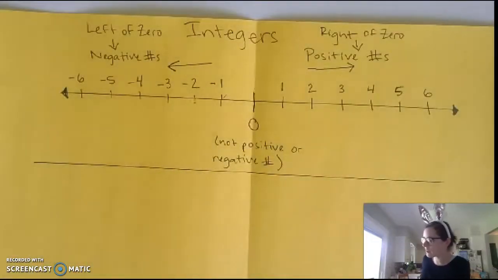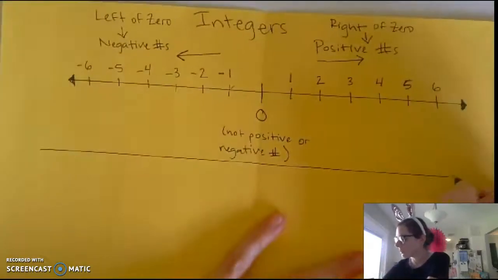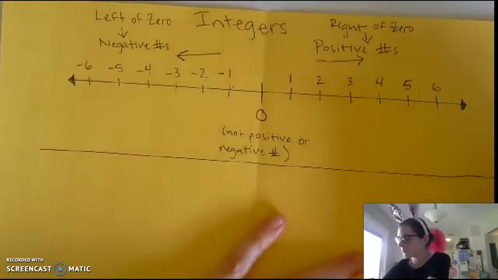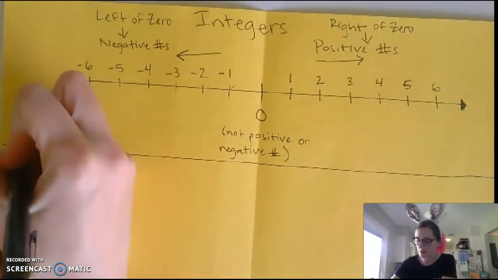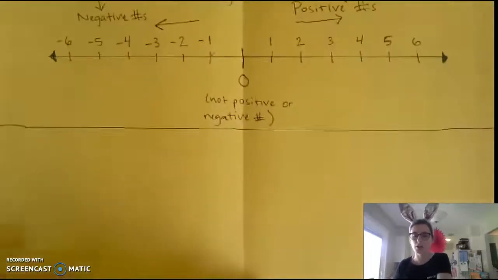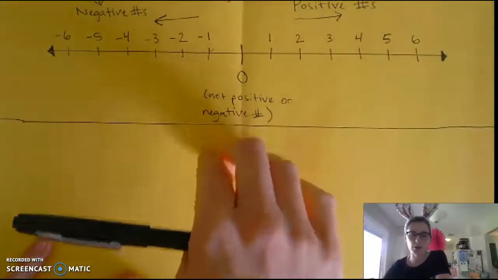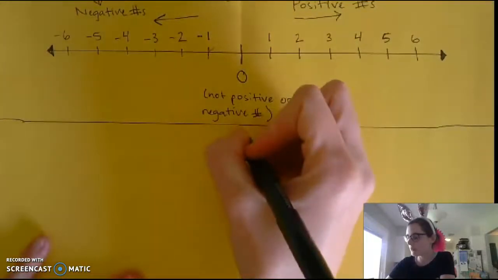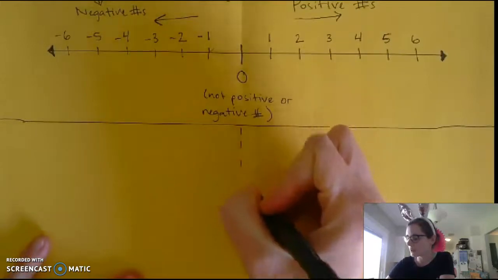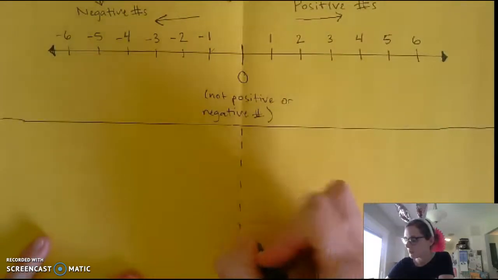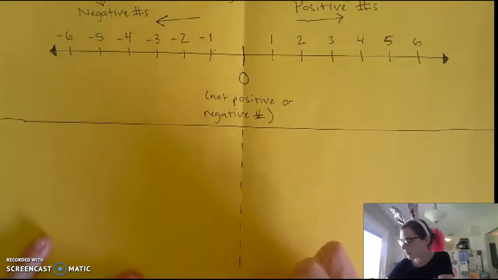If you want to extend it all the way over, you can, but you don't have to. I like to because, you know me. We're going to have our vocabulary on the bottom part. You can do a dotted line down the middle, since you already have it folded, so that's nice and easy.